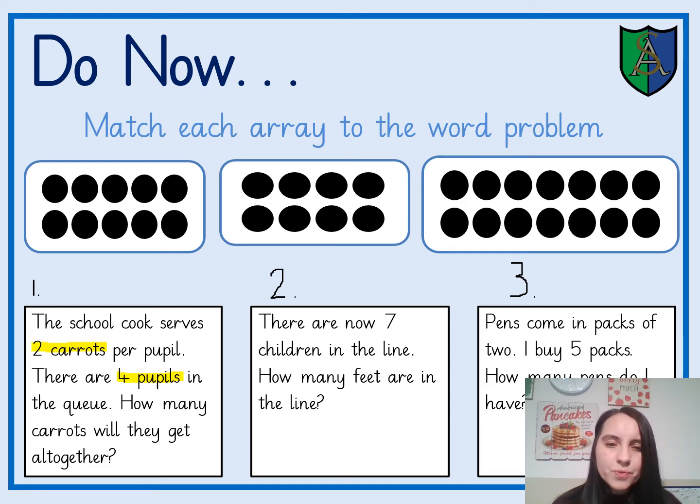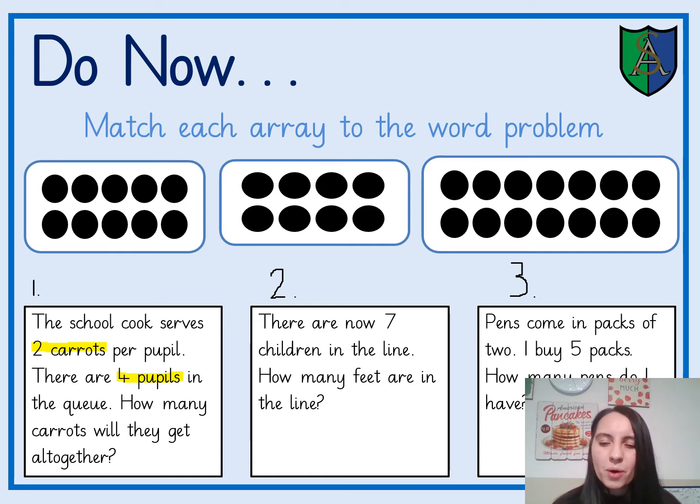So let's have a look. Which array shows 2 carrots and 4 pupils? Let's explore the first one. The first one has 1, 2, 3, 4, 5. There are 2 rows, but there are 5 in each row. So I don't think that one's right.